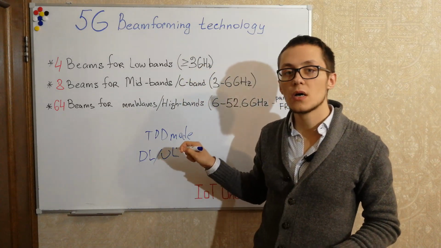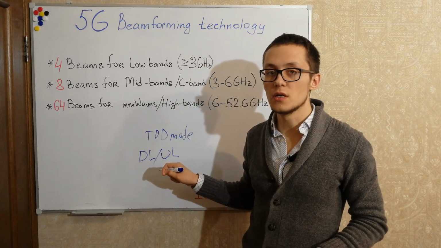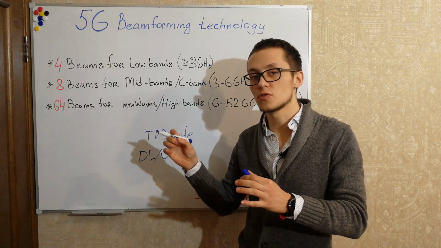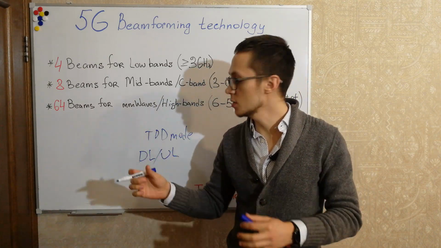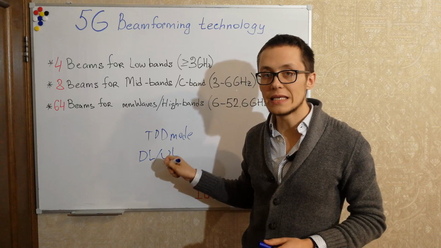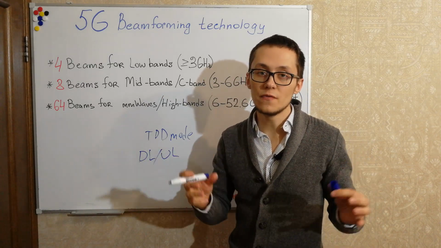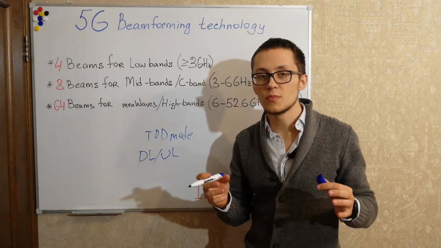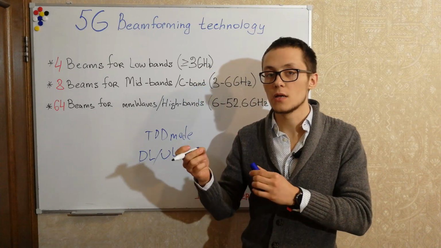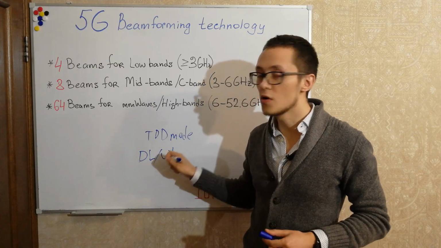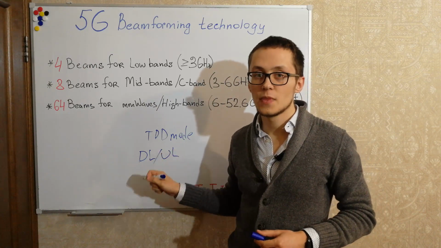The signal is transmitted and received on the same frequency, with separation only in time. And this is very good for beamforming, for estimating the channel, because the channel is on the same frequency.